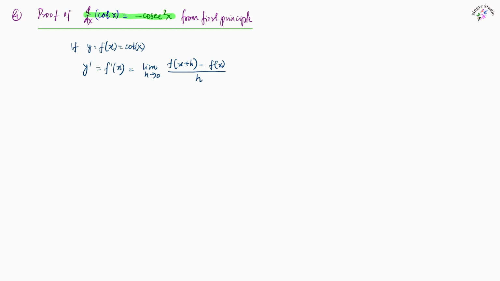And we know that cotangent in terms of sine and cosine is cosine x upon sine x, right?